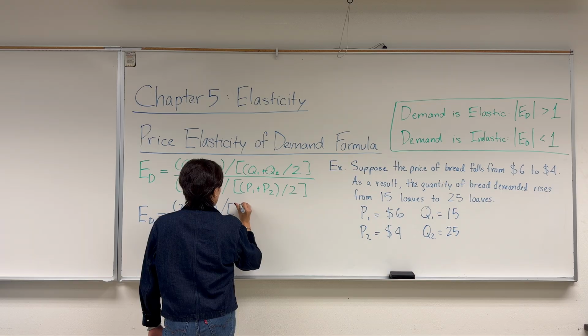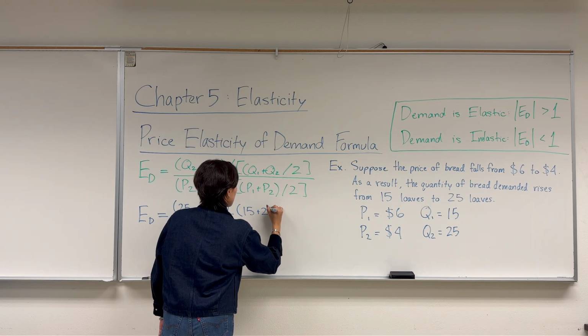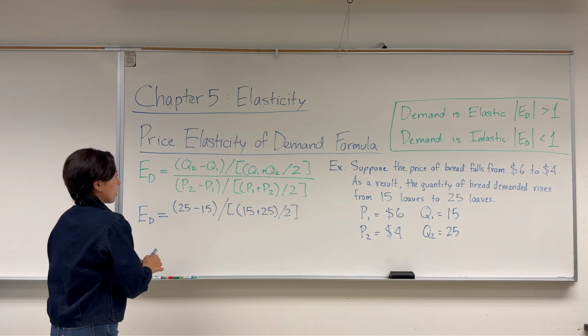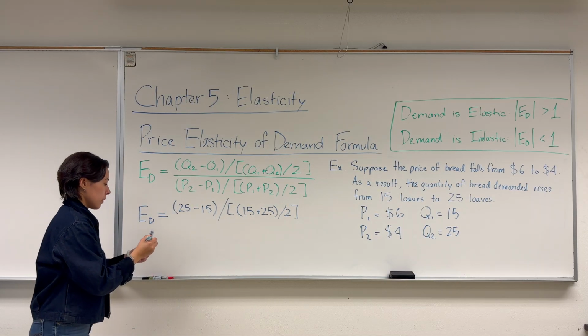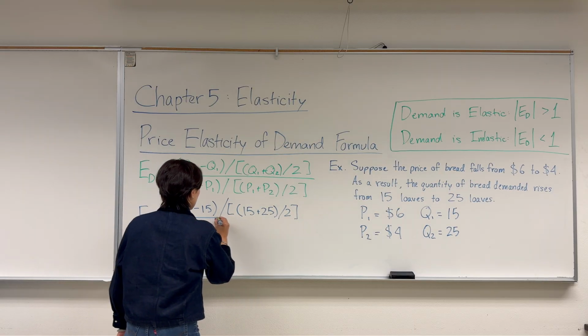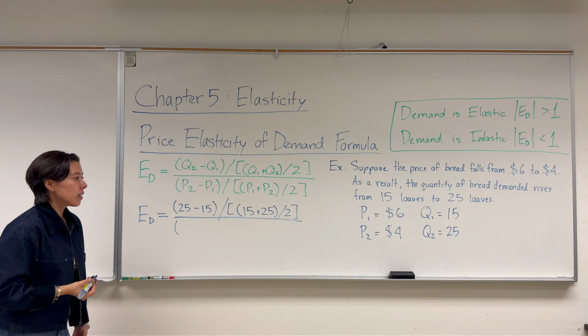So now I have Q1, 15, plus Q2, divided by 2. Ooh, that looks like I'm missing a parenthesis right here. There we go. All right, so that's it to set up my numerator. Now let's set up my denominator. So I'm going to do P2 minus P1.